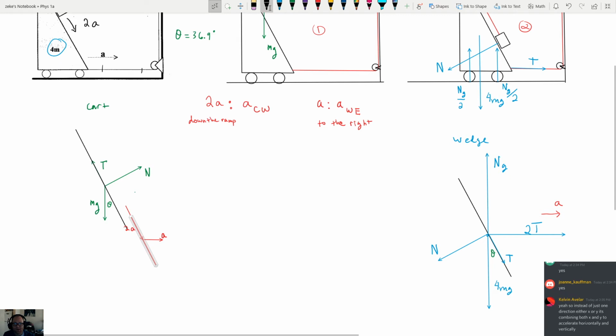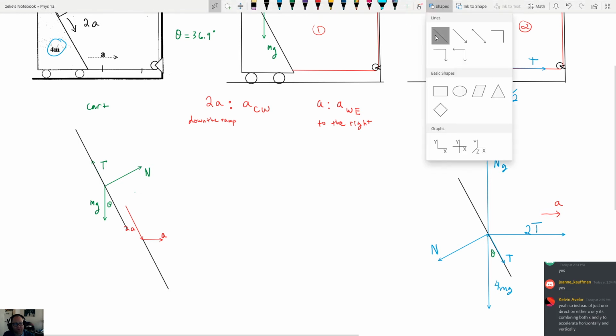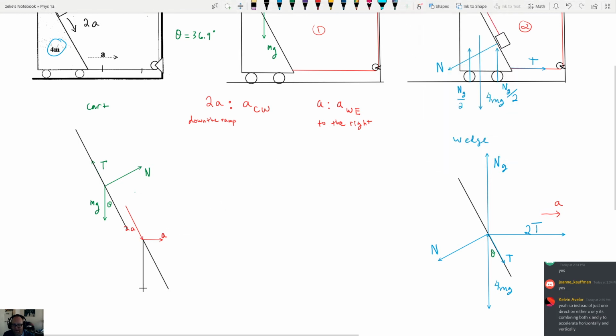I'll just make it go like that. And then one more to figure out some angles here. I'm going to add a line straight down like this, and say that this is going to be our angle theta.